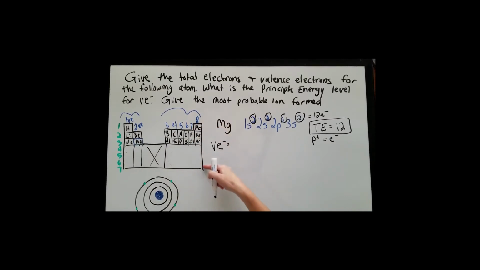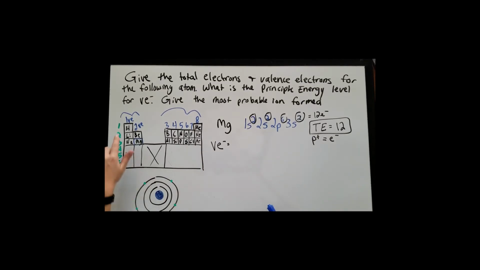So this last column has 8 valence electrons, with the exception of helium, because these are the noble gases. We talked a little about the octet rule in the PowerPoints as well. The octet rule says that all of the main group elements want to have a full octet. So they want to be a noble gas. They want to have 8 valence electrons, just like the noble gases do.